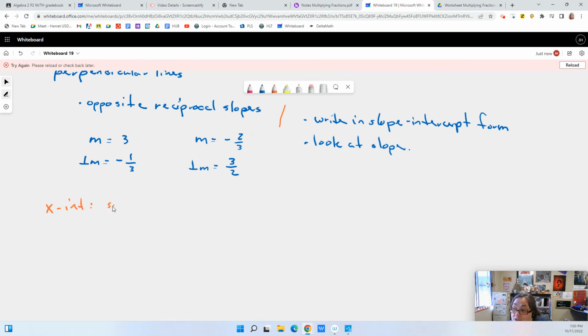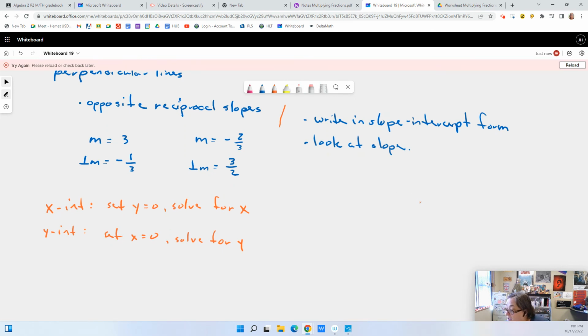And to find them, you just set Y equal to 0 and solve for X. And to find your Y intercept, you set X equal to 0 and solve for Y. And that'll give you the point on either axis.